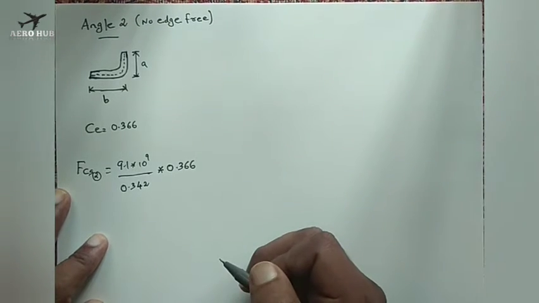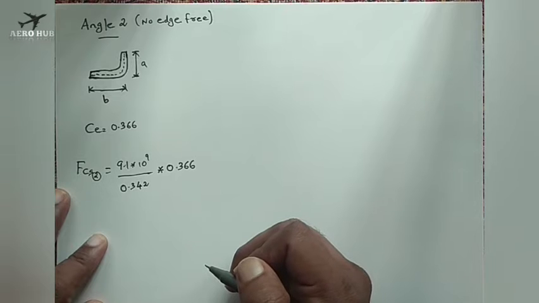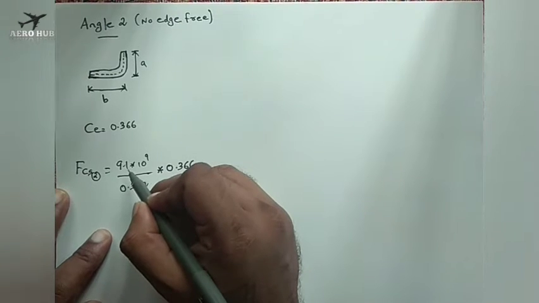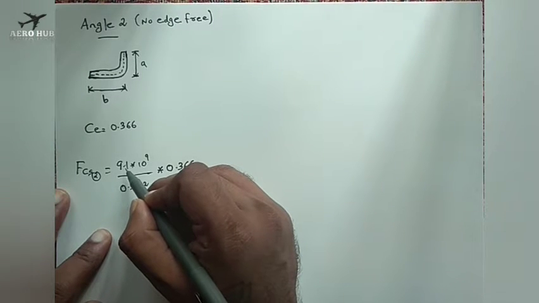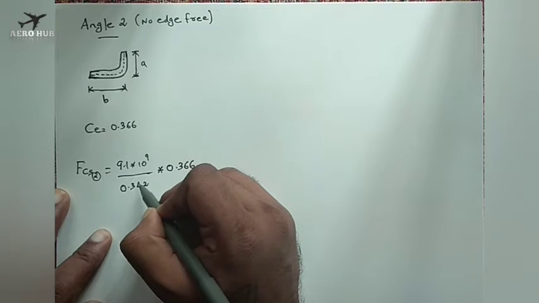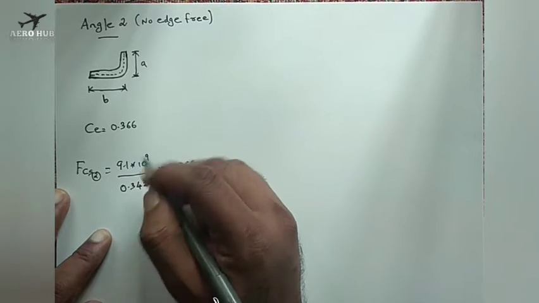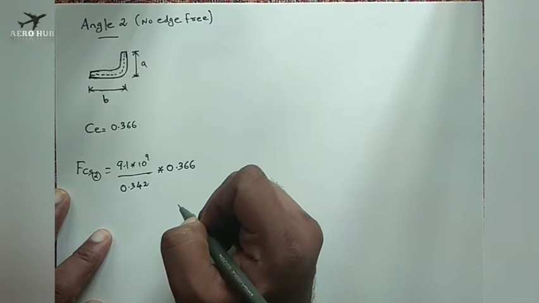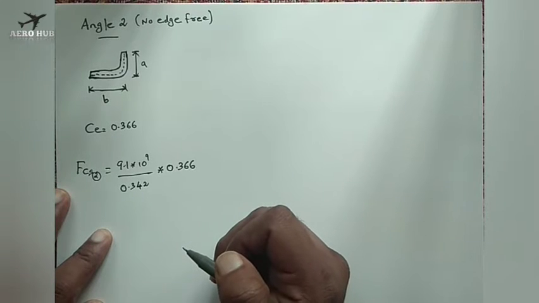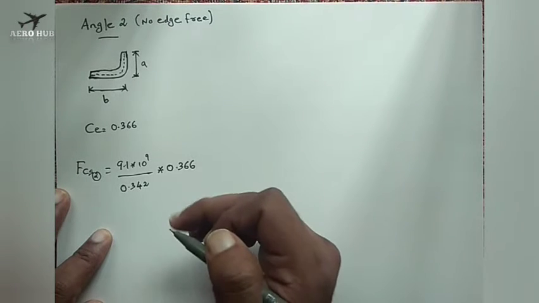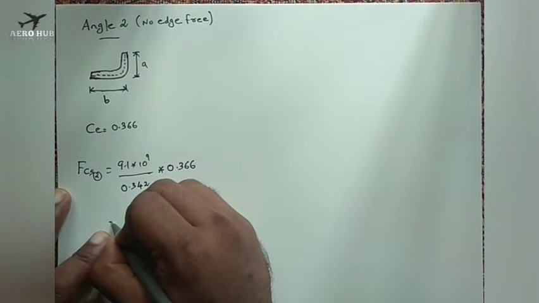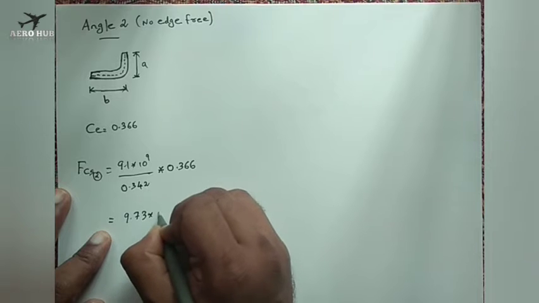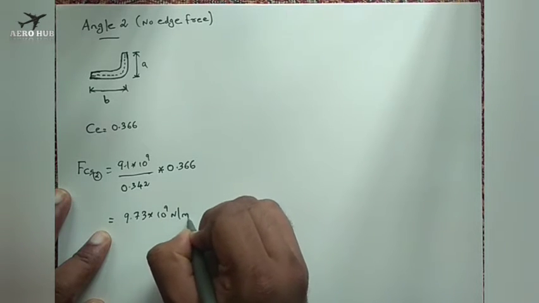This yields the crippling stress for section number 2. I divide by the end fixity coefficient of angle 1 and multiply by the end fixity coefficient of angle 2 to get the crippling strength for angle number 2. So I'll be getting an answer of 9.73 into 10 power 9 Newton per meter square.